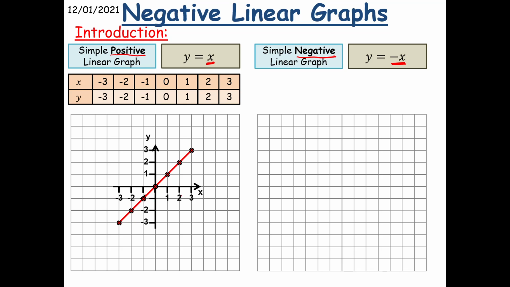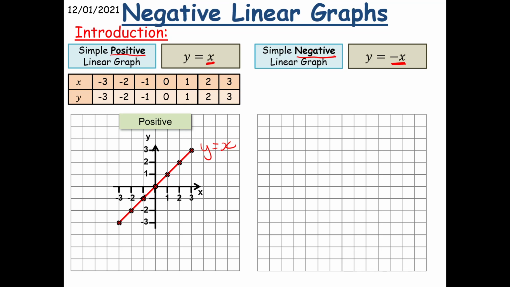Looking at this, we should be able to understand by looking at the graph that this function is positive, because going from left to right, the slope is going up, and then we say it's positive. So that is y equals x.